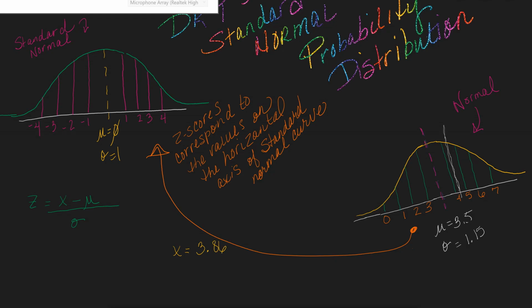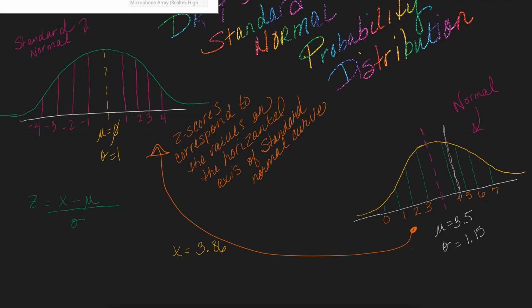All right. Well, let's try to figure out where this 3.86 falls under a standard normal curve. I'll say that a different way. What is the probability that any random score we grab in our data is going to fall below 3.86?